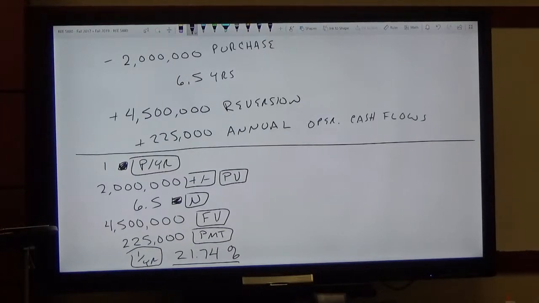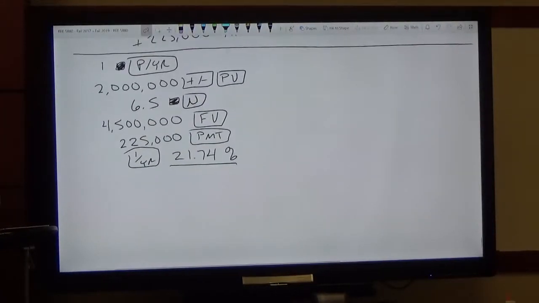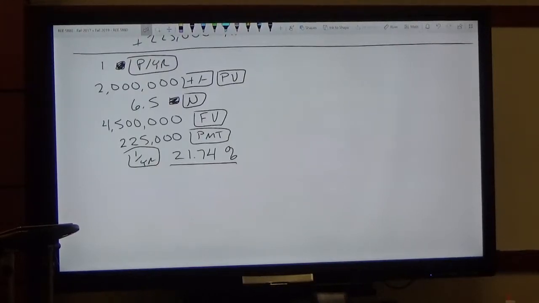Okay. Now, while we've sort of got that, I'm not going to ask you to do this on today's quiz, but you could potentially see this in the future at some point when we begin to tinker around with this that much more. So let's just say, in this particular problem, our desire is to get a 25% rate of return.